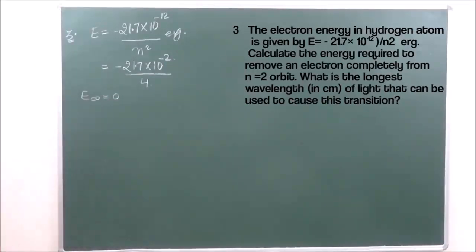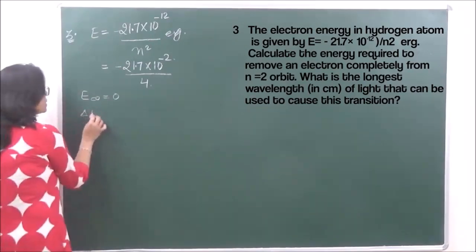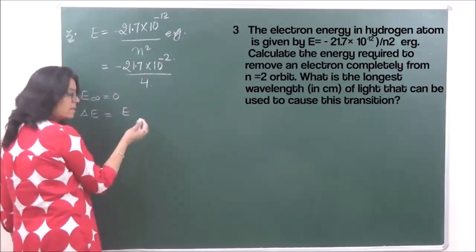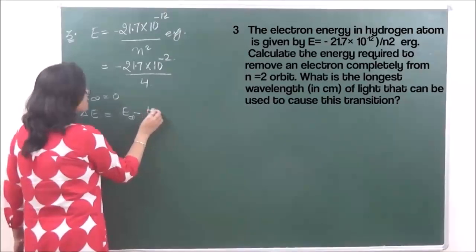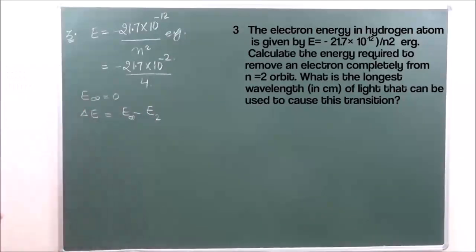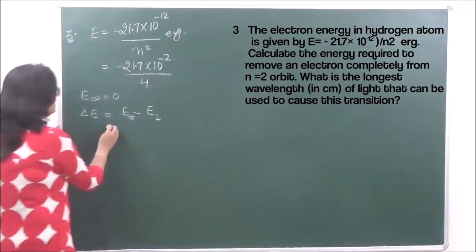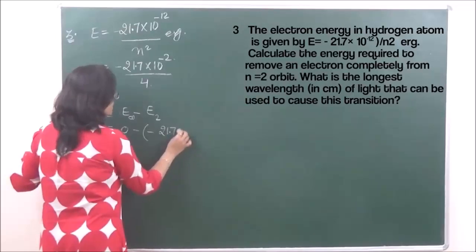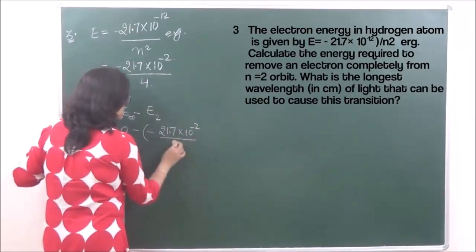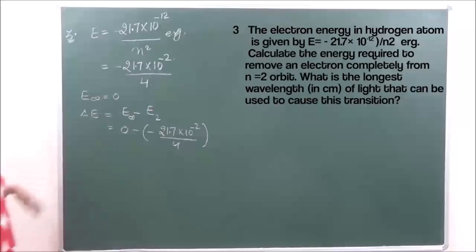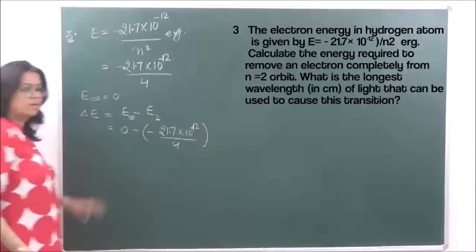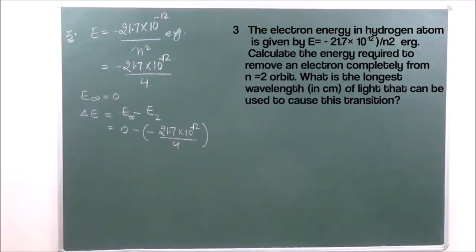Right? Now energy at infinity, because we have to extract the electron, energy at infinity is going to be equal to 0. That we had already done. Okay? So delta E will be equal to what? E2 minus E1, so E infinity minus E2. E infinity is equal to 0 minus 21.7 into 10 raised to power minus 12 divided by 4.